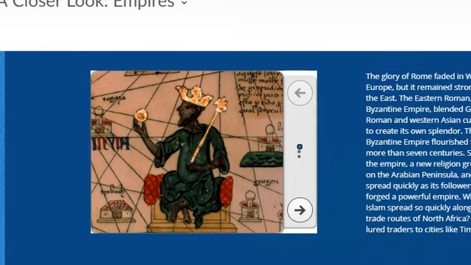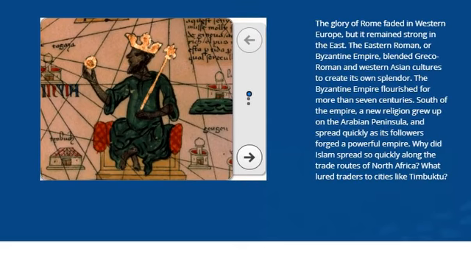But let's go ahead and take a look at our unit introduction. The glory of Rome has faded in Western Europe, but it remains strong in the East. The Eastern Roman or Byzantine Empire blended Greco-Roman and Western Asian cultures to create its own splendor. The Byzantine Empire flourished for more than 7 centuries.